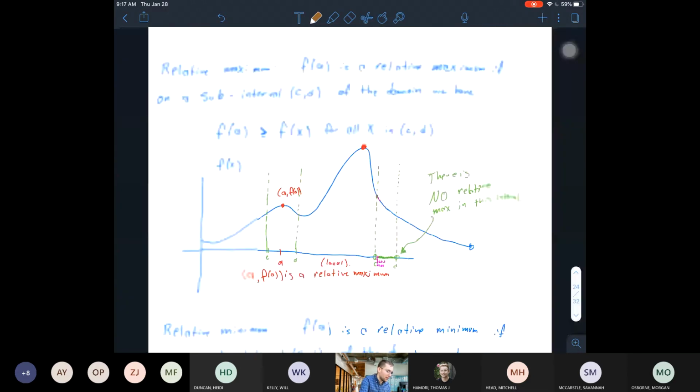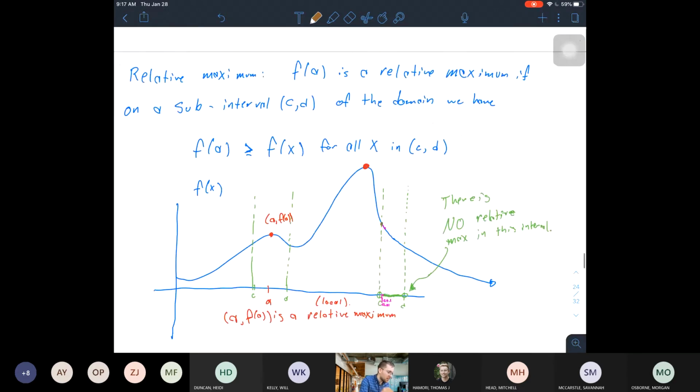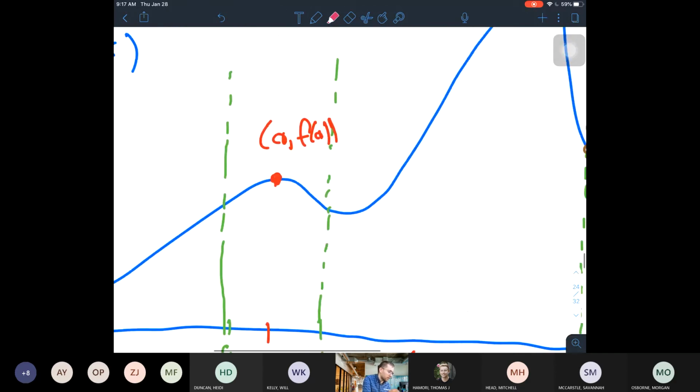So this is really just to say that it's not a given that we can find one of these intervals C comma D such that we have a relative maximum. It happened to be true between these points over here on the left because we had this max here in the middle.